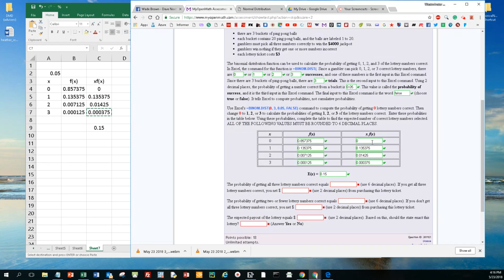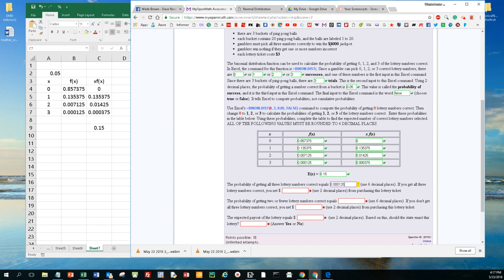Now, the probability of getting all 3 lottery numbers correct equals that number right there. If you get all 3 lottery numbers correct, what do you net? How much did it cost you to play the game? It cost you $3 to play the game, right?